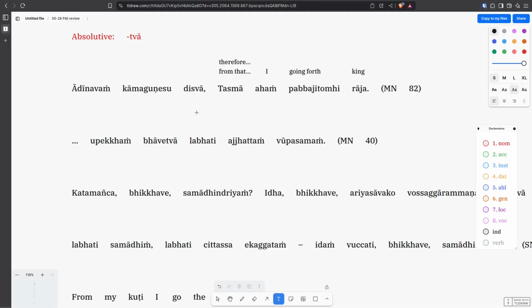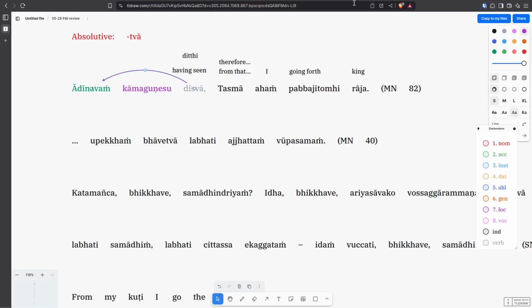So the first part: disva means having seen. Having seen. Disva, a very common word. Like we have the word ditthi, like view, so seeing, viewing, and so you can remember it like that. And then what have we seen? Adinavam kamagunesu. So having seen the drawback, the danger. Adinava means the danger, the drawbacks, and it's in the accusative.